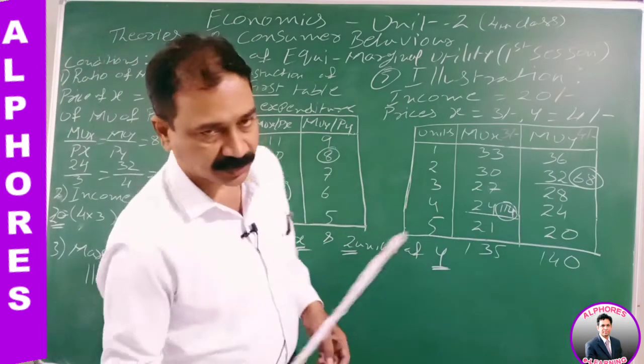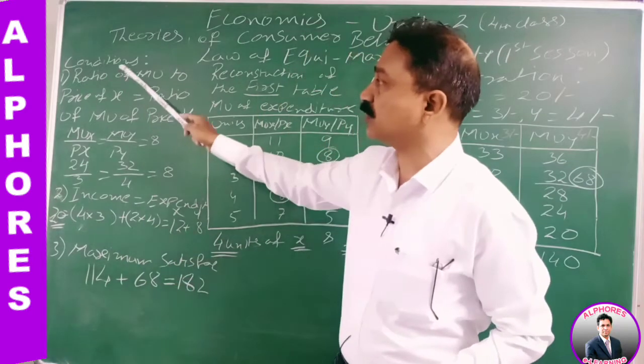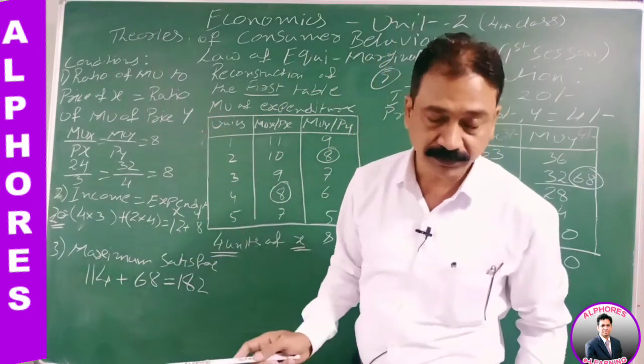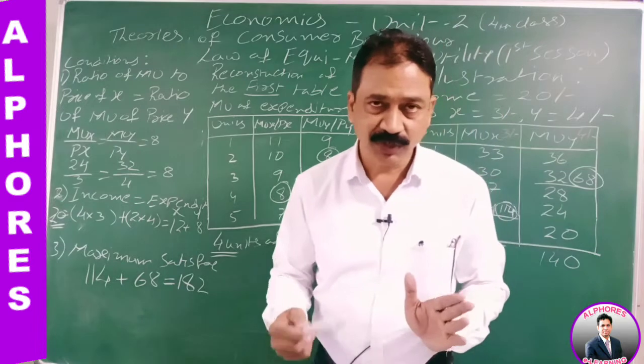How does it happen? Let us have a clear distinction. Let us see first the conditions. You can turn the page and see the conditions.